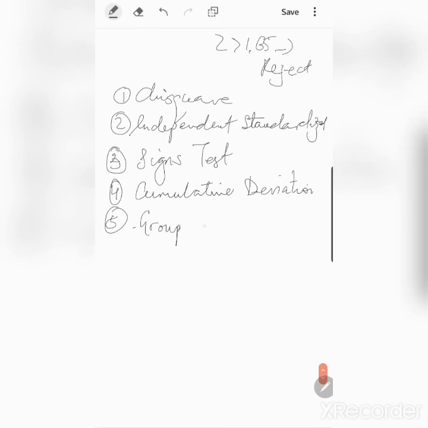We have tried using the groupings of signs test, as well as the serial correlation. So these are the tests which are available to check if the graduated rates are adhering to the actual values or not.